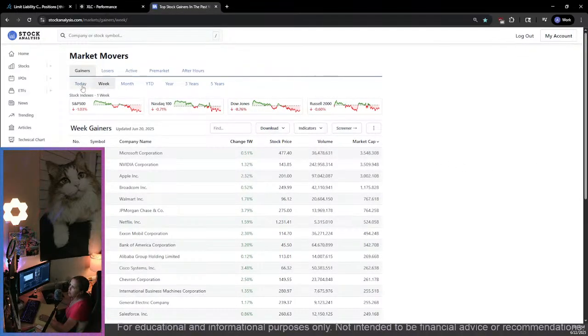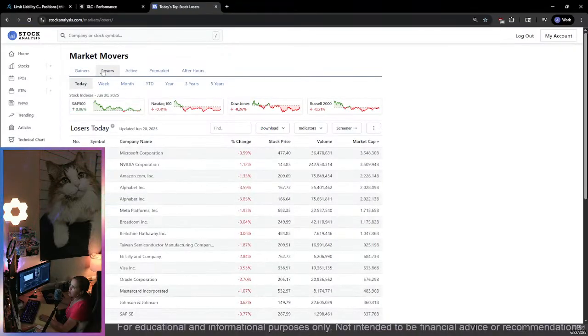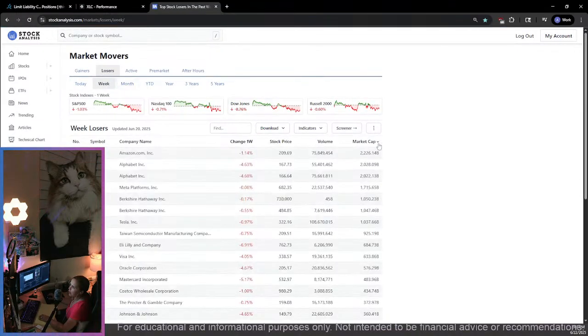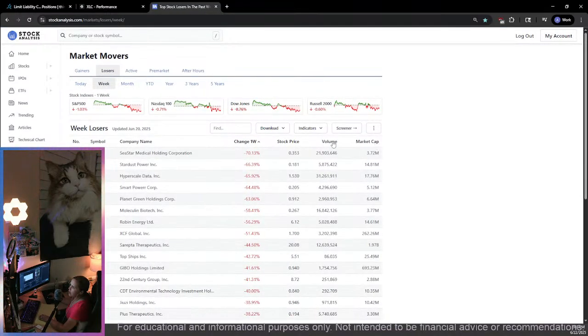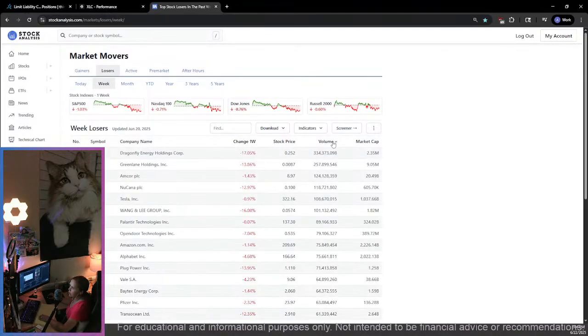And then we want the week losers by market cap. Actually, let's look at it by volume. Not that you're going to trade any of these because they're not open. Oh man, Palantir. Buy the dip. What's that going to open up at? What are your bets on that, chat? Last time when Israel attacked, it went down.